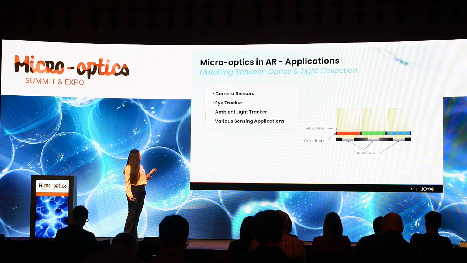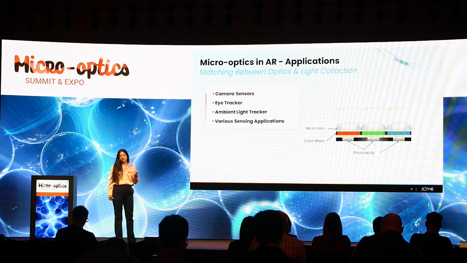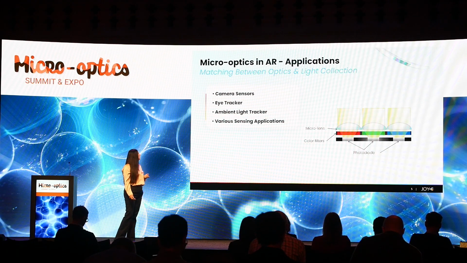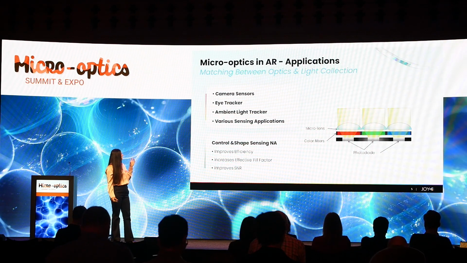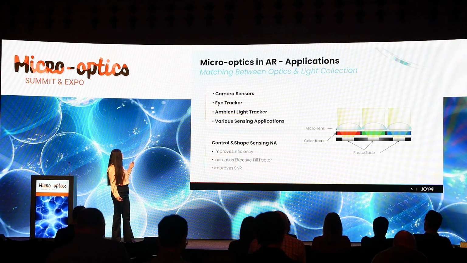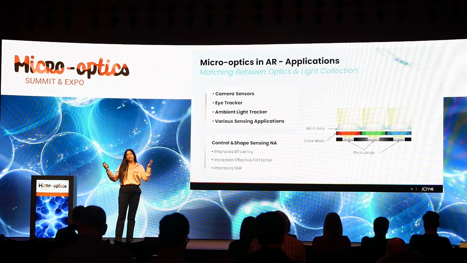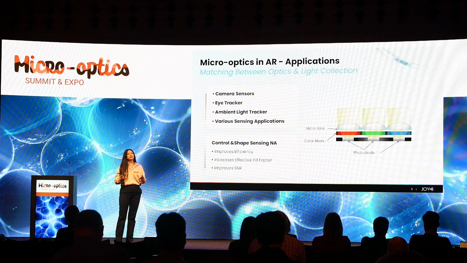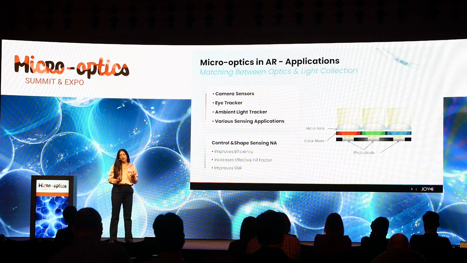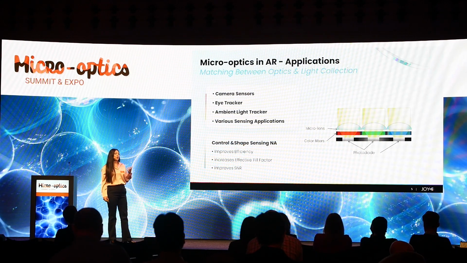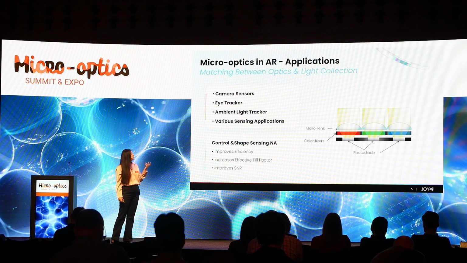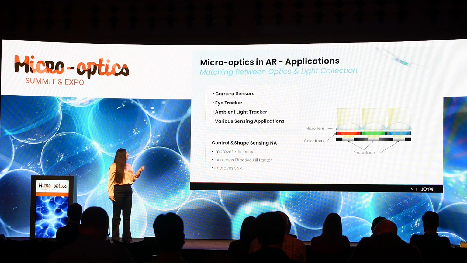So the idea is to use micro lenses to focus the light onto the photodiode active area, and this idea enables control and shaping of the sensing numerical aperture, but the numerical aperture is actually the effective angle that is effective in this sensing application.